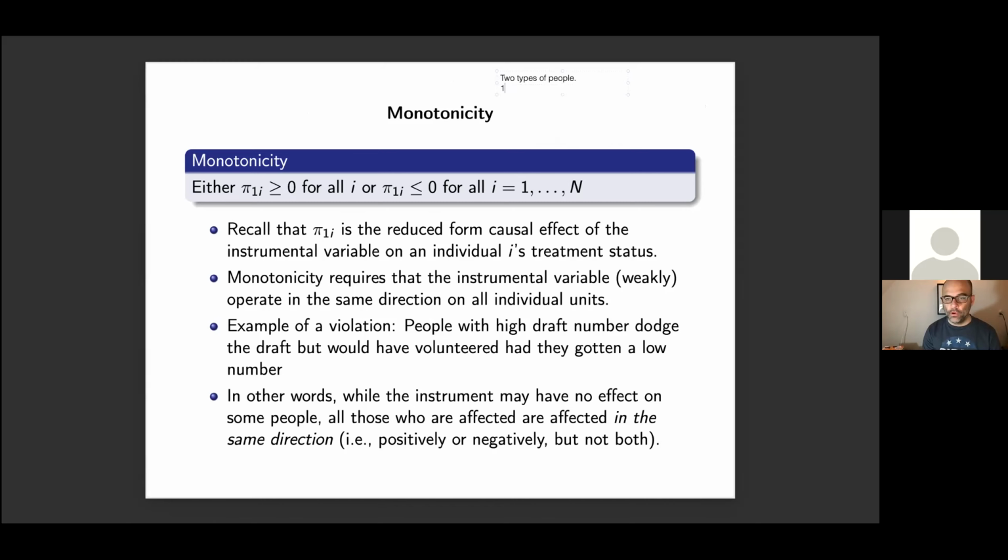One person high draft, another person low draft. Monotonicity is satisfied when you get a high draft number, you go to war. When you get a low draft number, you don't. Okay, that's monotonicity being satisfied.